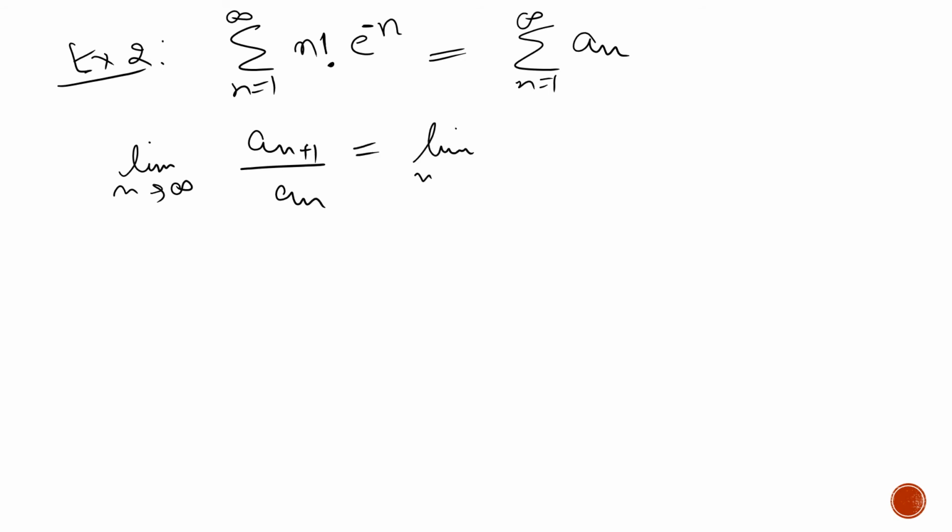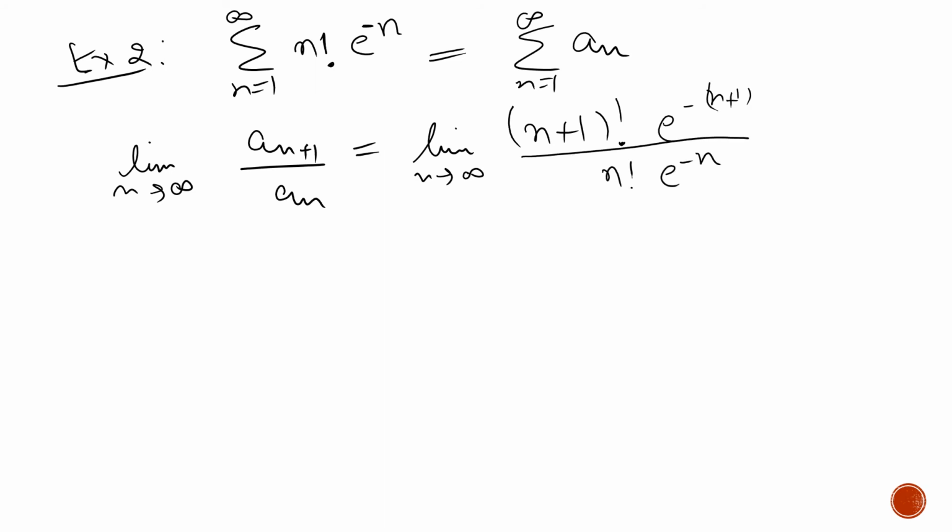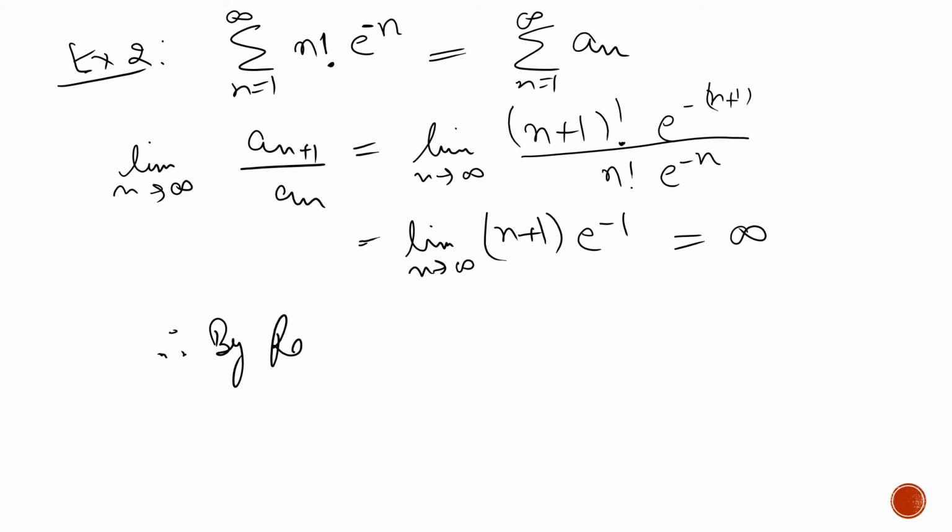I'll just write directly, this will be, which is equal to infinity, and you can see that this lies in case 2, that is, the value of k is greater than 1 or infinite. Therefore by ratio test, summation of a n diverges.